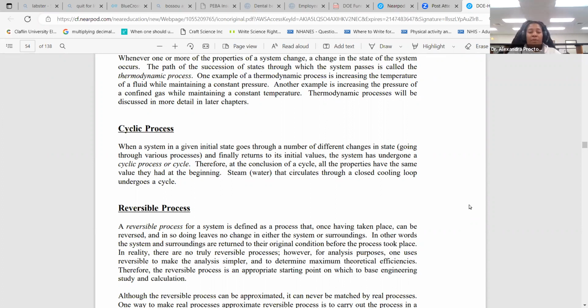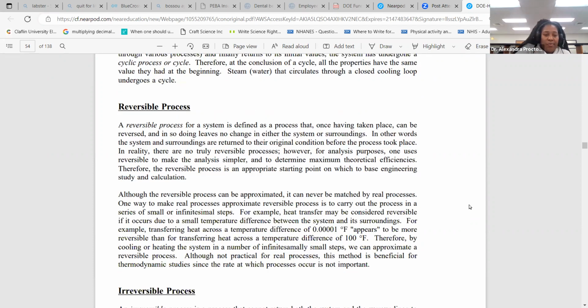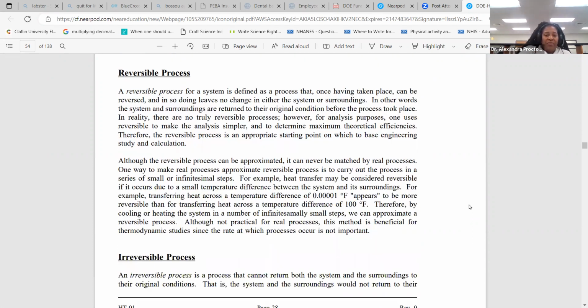So the reversible process is important. Like I said, we have this esoteric shared language or way that we like to think about processes in order to simplify what we have to do mathematically.